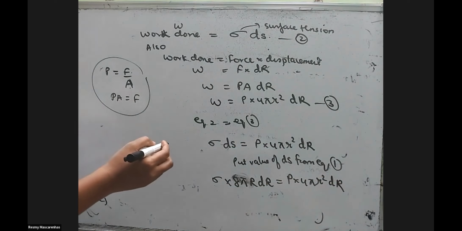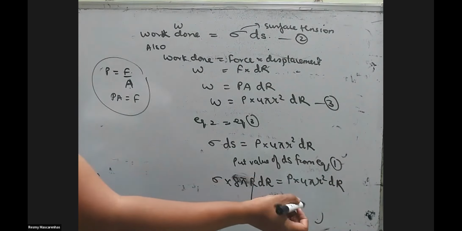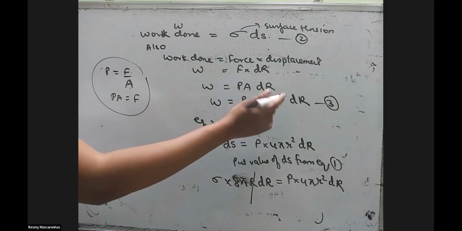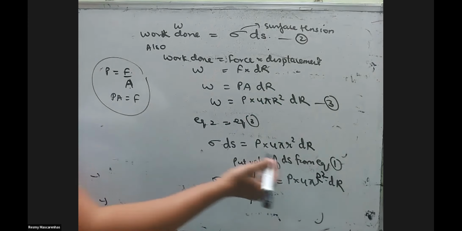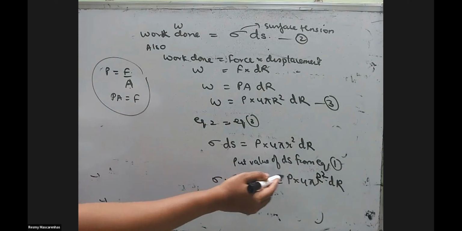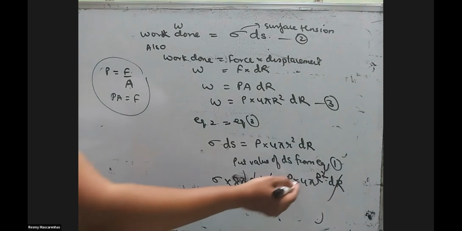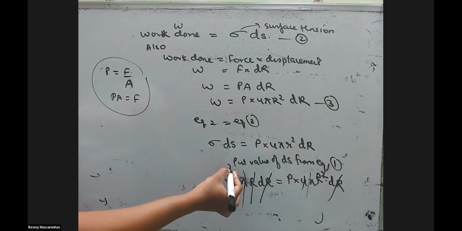Then cancel whatever is getting cancelled. This r, dr will cancel. Pi and pi will cancel. 4 and 2s are cancelled.